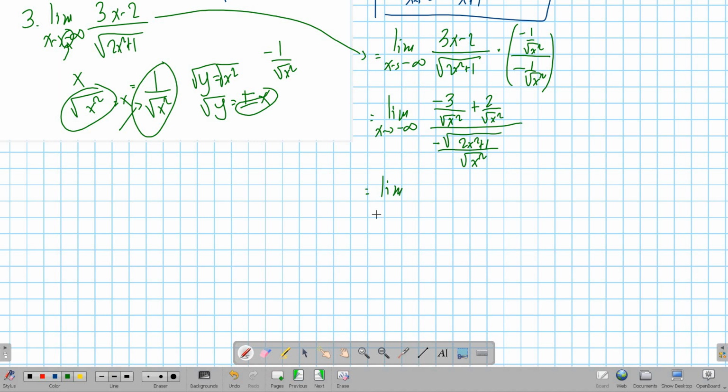So we'll have the limit as x approaches negative infinity of negative 3x over x plus 2 over x, all over. Here, this is negative outside, but since these are radicals, we can combine them into the square root of (2x^2 + 1) over x squared.